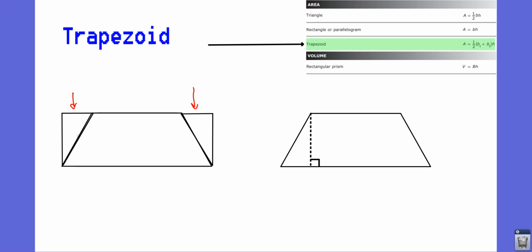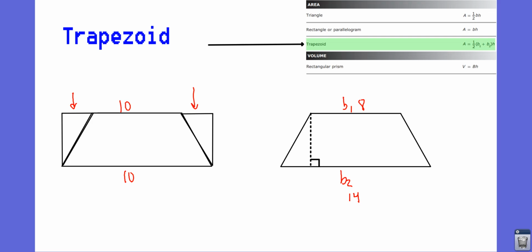And what this B1, B2 is, adding them up and then dividing by 2, is taking the average. So if the top of this one were 10, that would mean the bottom of this one were 10. So 10 plus 10 is 20, divided by 2 is 10. So that means the average width or the average base of a rectangle would be 10. And then whenever you cut it up, this one would end up being like 14, and this one would end up being 8.